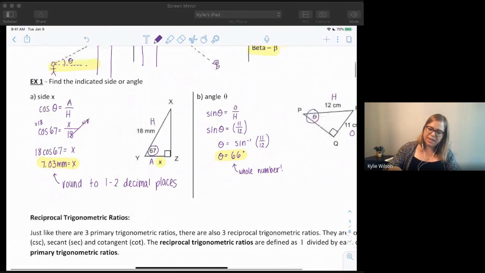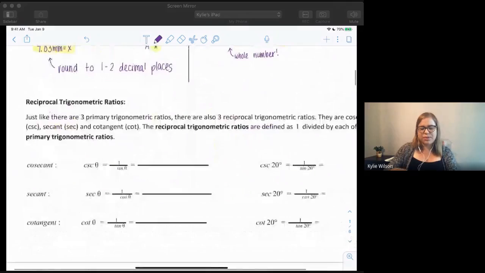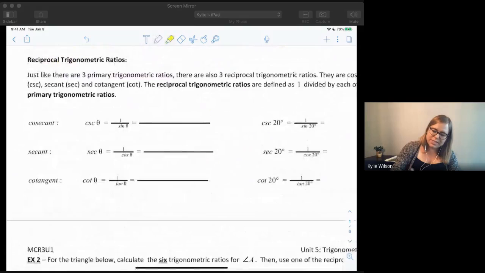Okay, so now is where we learn something new. Now we're going to learn what are called our reciprocal trigonometric ratios. And just like we have 3 primary trigonometric ratios, there are also 3 reciprocal trigonometric ratios.